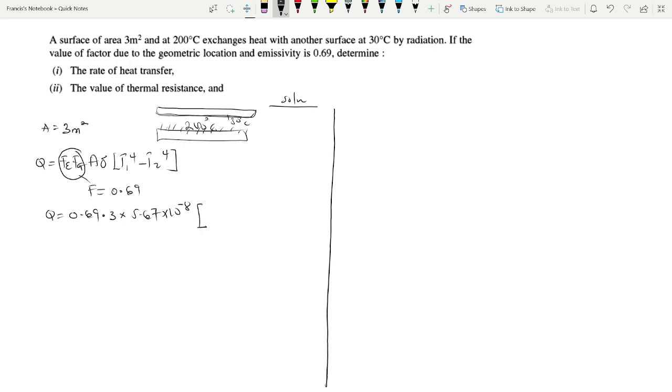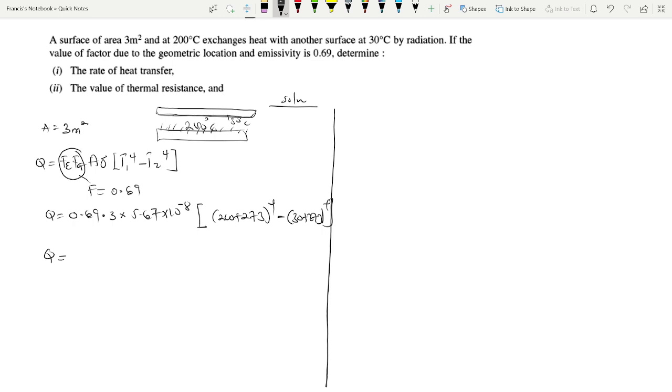Now our Q equals 0.69 multiplying our area, which is 3, multiplying the Boltzmann constant, 5.67 times 10 exponent -8, and then our temperatures: 200 plus 273 exponent 4 minus 30 plus 273 exponent 4.